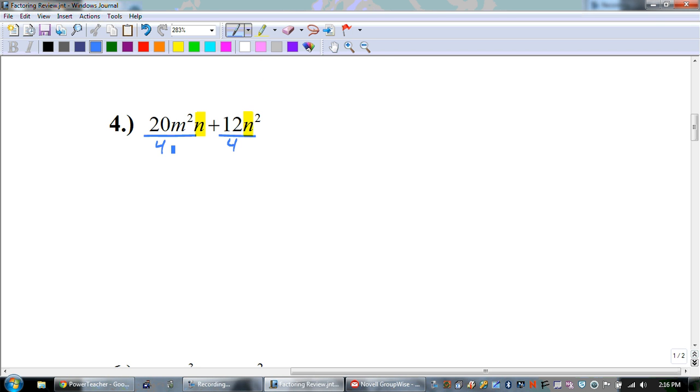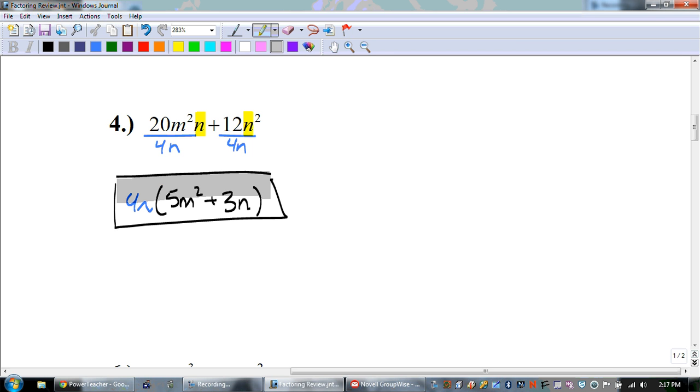It's what they have in common. Now my GCF comes out front, and then I divide. 20 divided by 4 is 5. M squared, and the n's cancel out. 12 divided by 4 is 3, and n squared divided by n is just n, because we subtract those exponents.